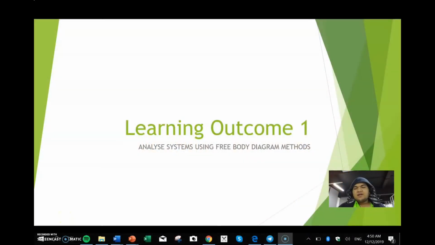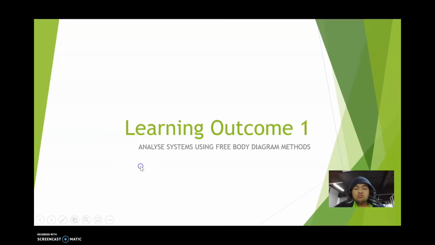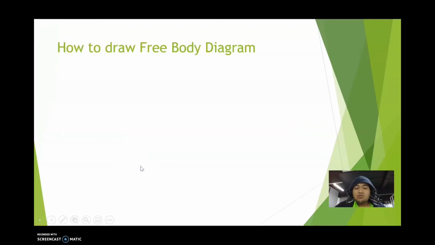Now for learning outcome number 1, we are to analyze systems using free body diagram methods. Now how to draw free body diagrams? First, you must identify the body or the object of which you want to draw the free body diagram.